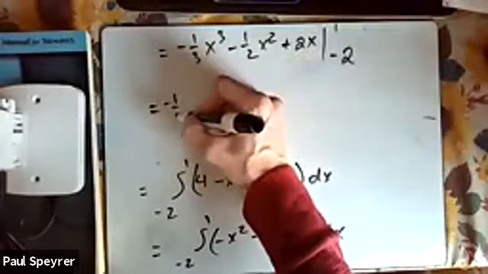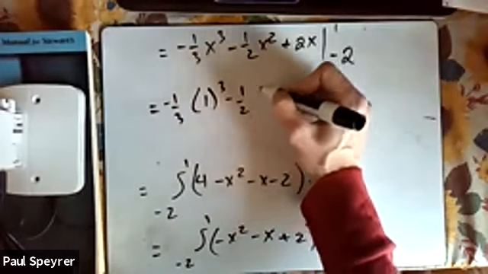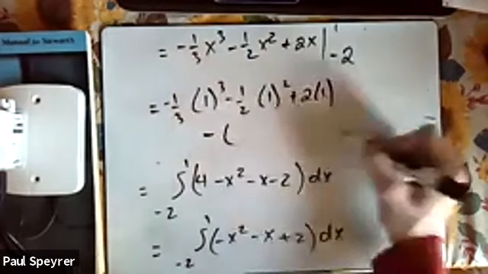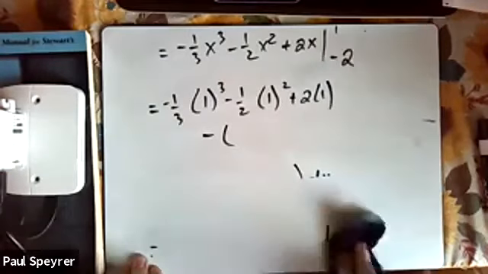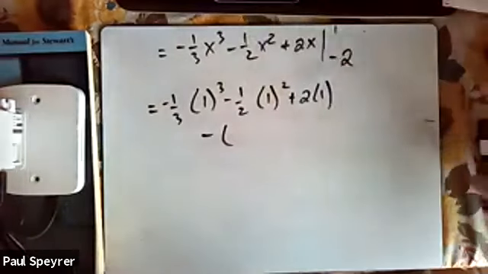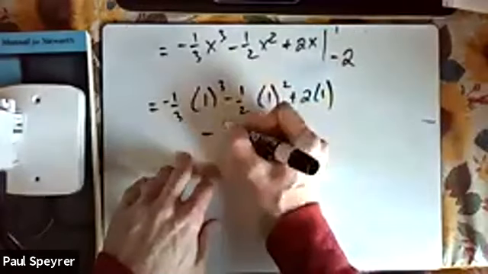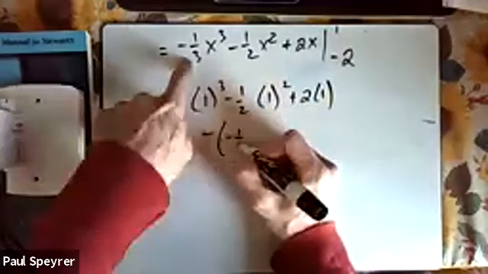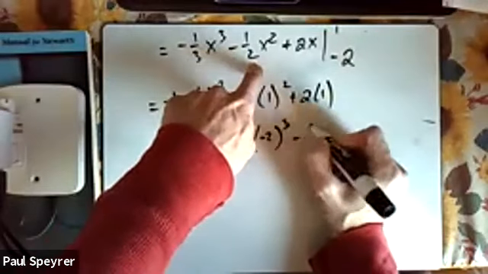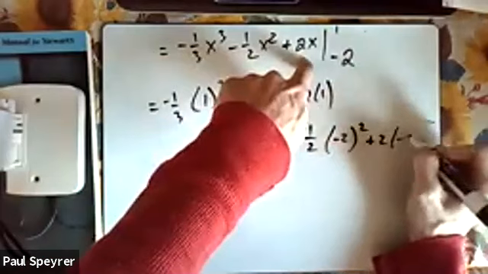It's the upper limit minus the entire bottom limit. Watch the signs, minus open parentheses. You're going to have negative 1/3 times -2 cubed minus 1/2 times -2 squared plus 2 times -2.